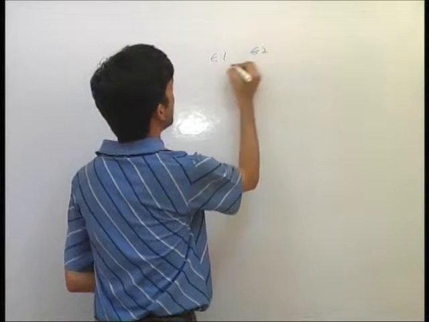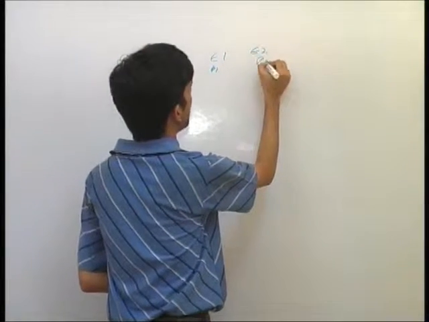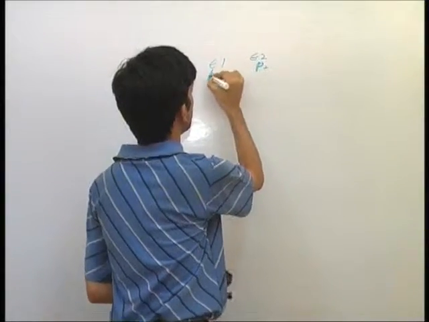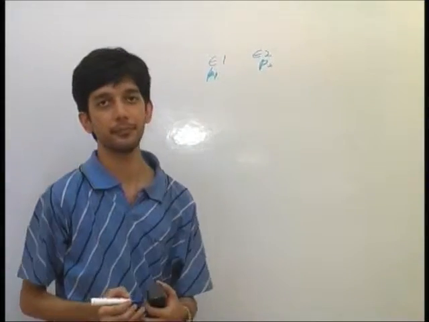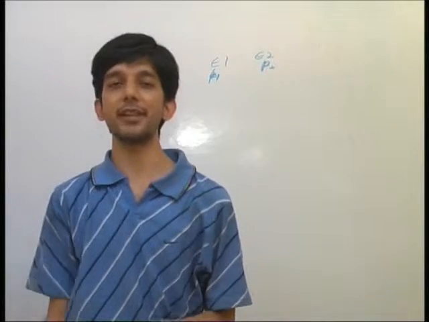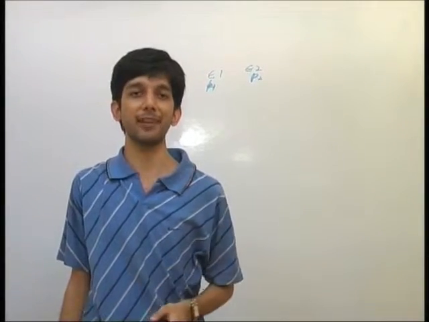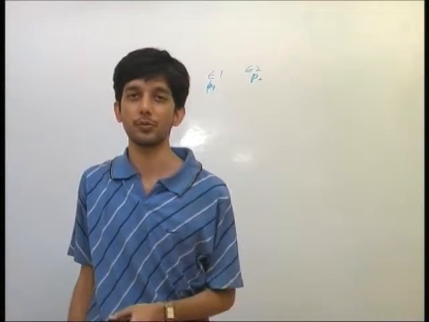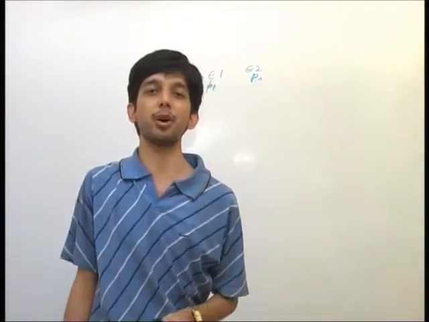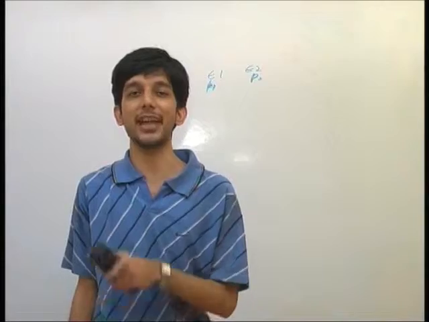There are two events E1 and E2, and they happen with probabilities P1 and P2. I am asked what is the probability of any one event happening.